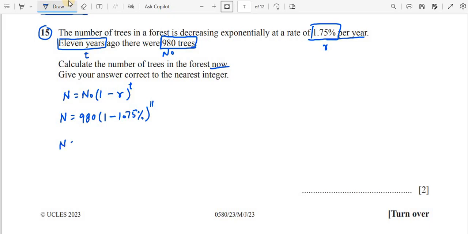So N is equal to 980 times the bracket value, we get 0.982 overall power 11. First of all, taking the power of 0.982 with power 11, then multiply with 980. So the final answer we got is 807.